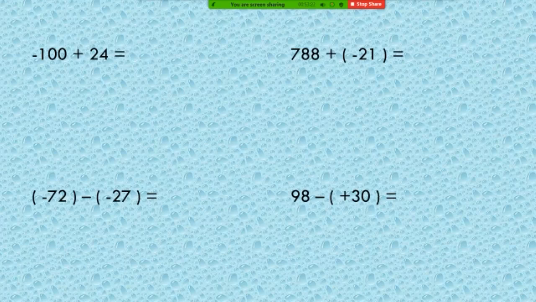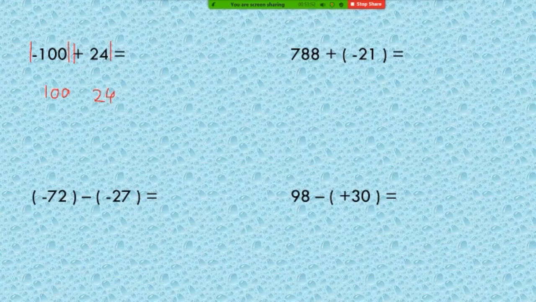Let's start with our first sum, minus 100 plus 24. Now for different signs, we'll first find the absolute value of the numbers. So the first one is 100 and the second is 24.